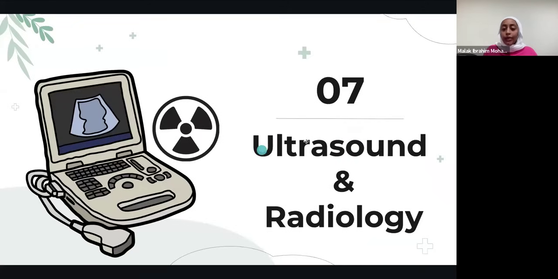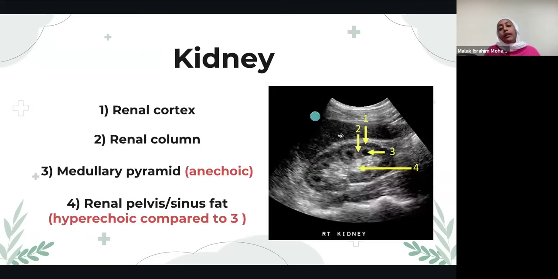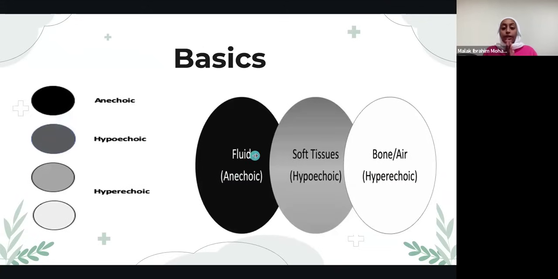Now, the ultrasound and radiology. Some basics before we start. Let me look at the ultrasound first. You can see that there are different colors. Some are gray, some are darker, some are black, and so on. First thing, if it's completely black, it's called anechoic, and it usually represents fluid.